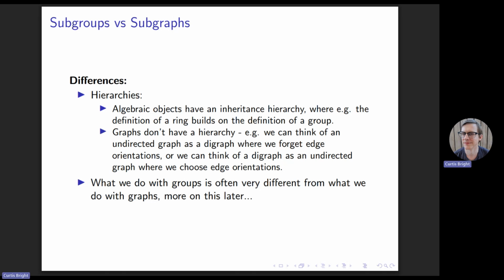What we do with groups when we're proving things about them, when we're working with them, is often very different from what we do with graphs. And I'll talk more about this in this talk. That's the subject of the talk.